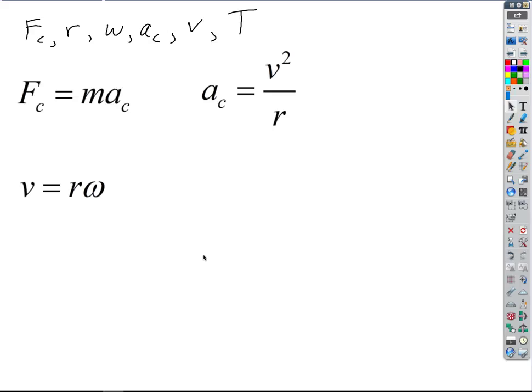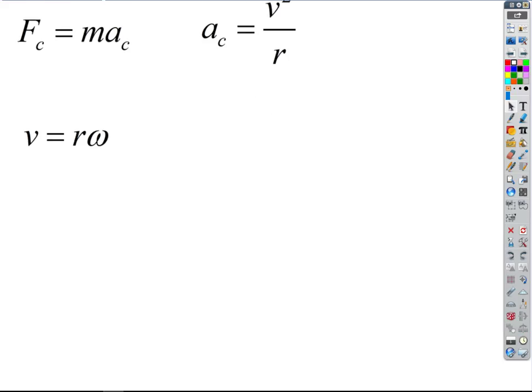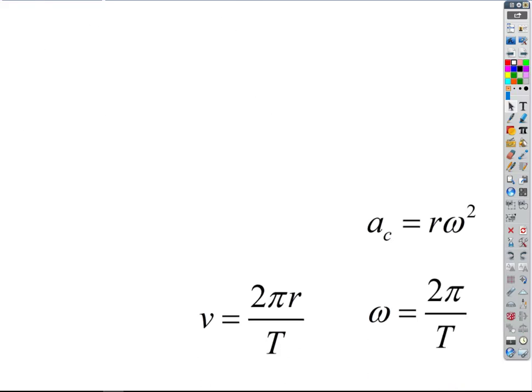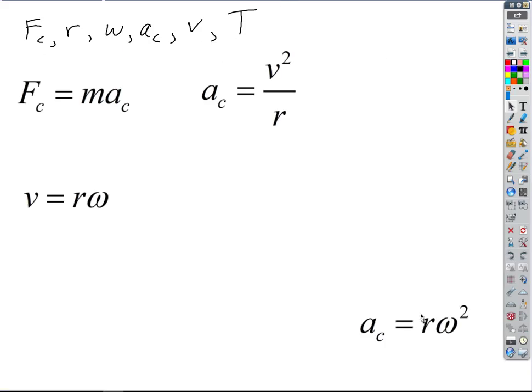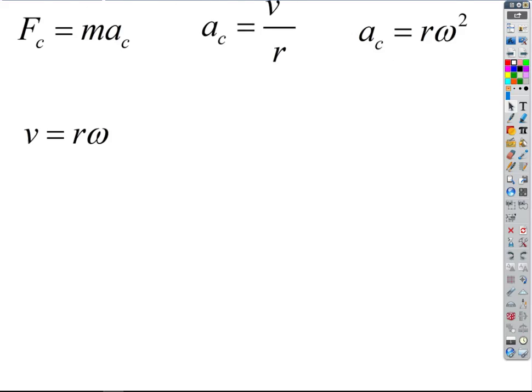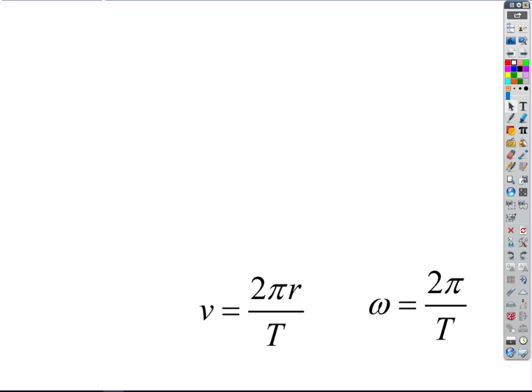So if V equals R omega, then what's centripetal acceleration in terms of omega and R? R omega squared. Good, if we just make that substitution. Okay, good. We got a lot. These are all things that we know, right?